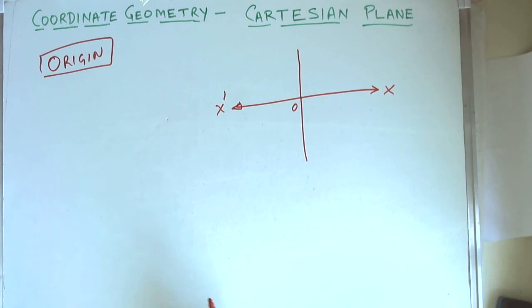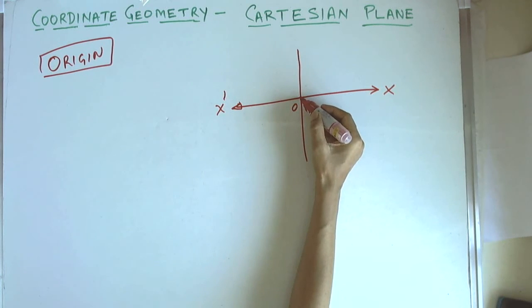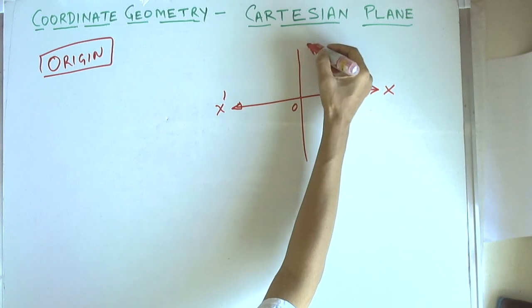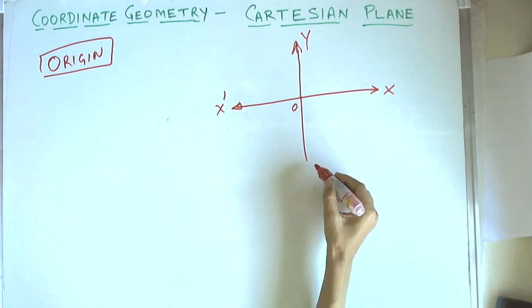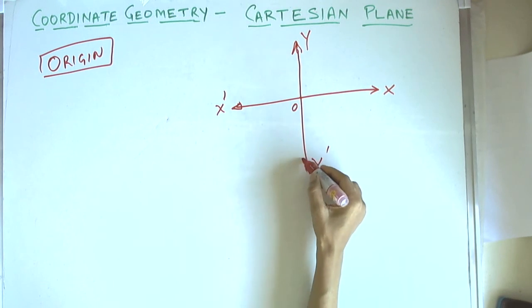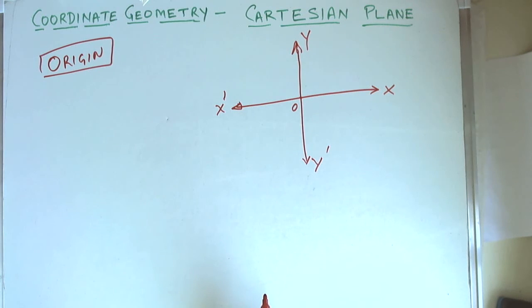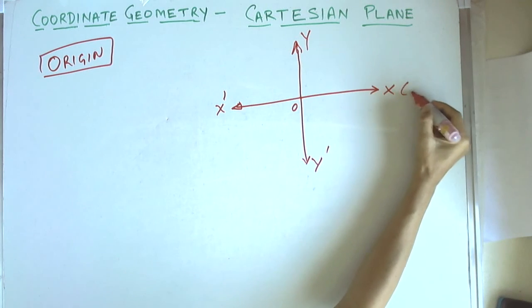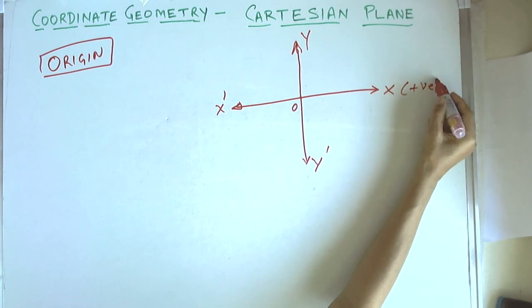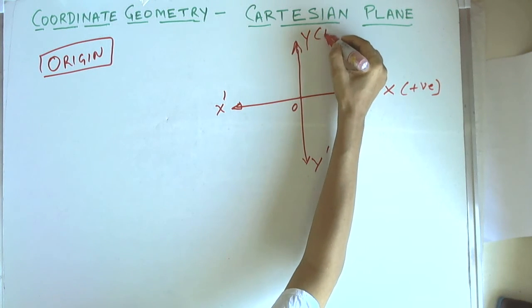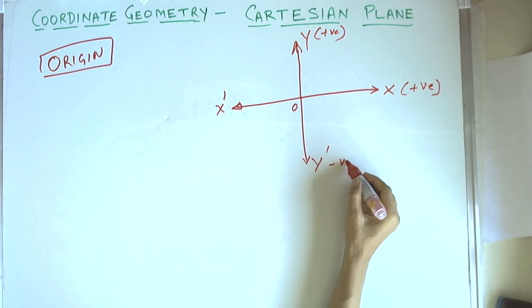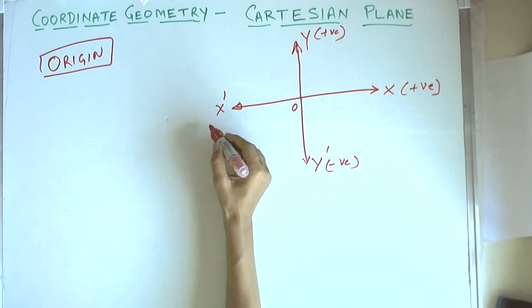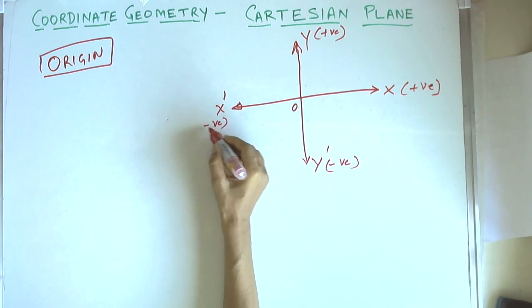Similarly, there is another number line which also has the midpoint as origin, and by convention it is written as y and y dash. This is positive, this one is negative.